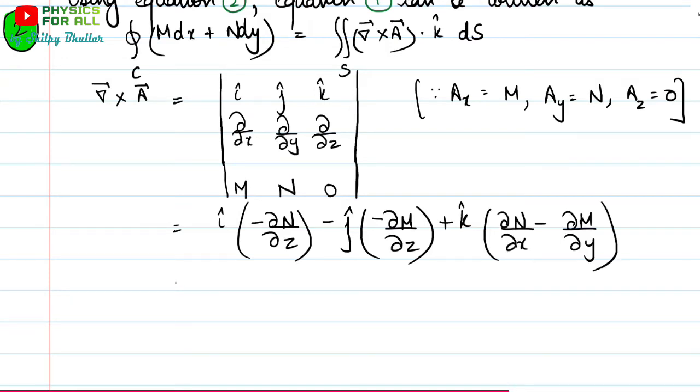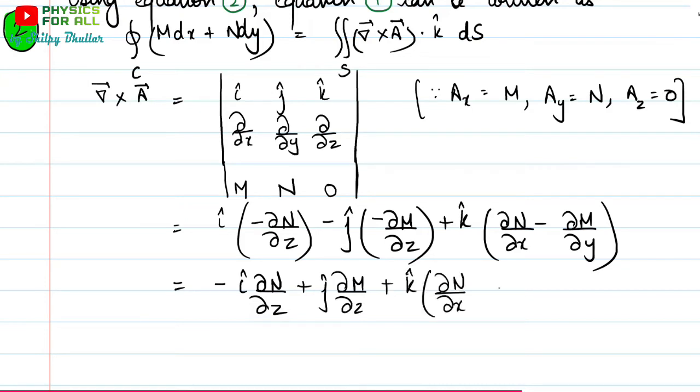Here we have obtained the expression, and now we can write this down as minus i cap (basically we use iota also in complex numbers, so this is i cap) curly n by curly z, plus j cap curly m by curly z, and plus k cap curly n by curly x minus curly m by curly y. So we have found the value for del cross A.